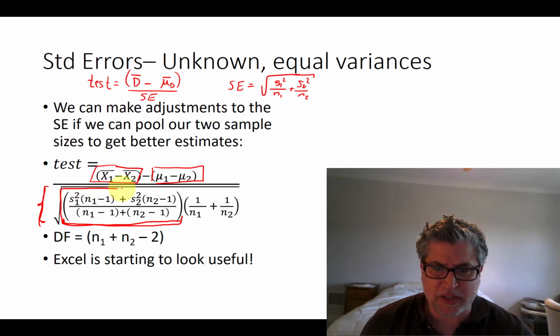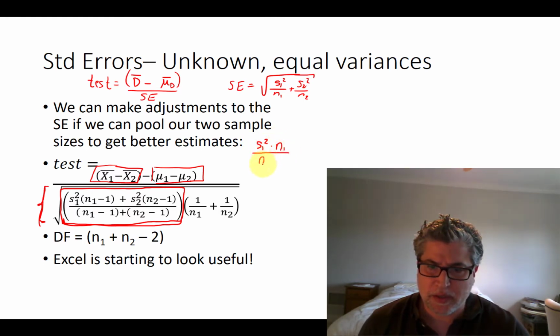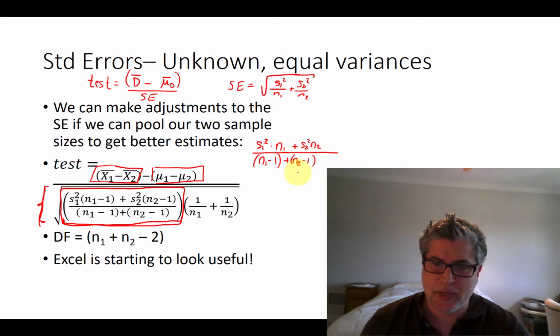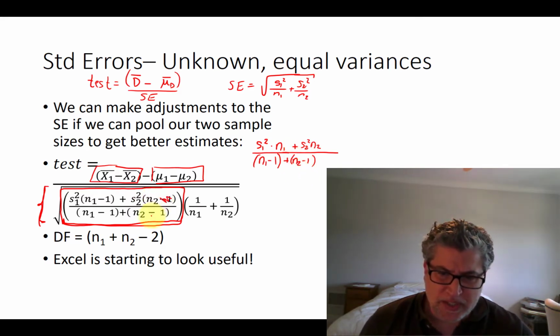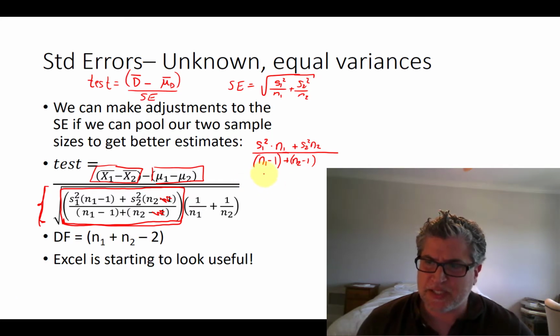And in fact, let's simplify this a little bit. Let's just ignore the fact that you're subtracting 1. Then what you have is S1 squared times n1, plus S2 squared times n2. All right, so we're just going to ignore these minus ones for the time being. So what do we have here?